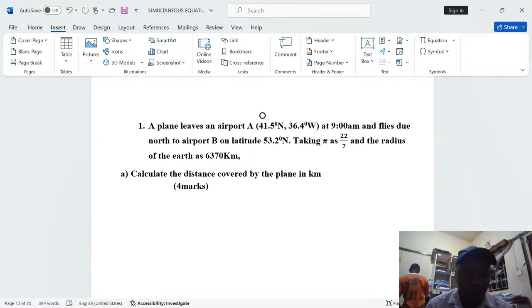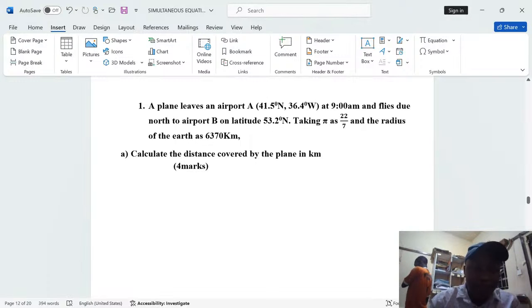We are told now that a plane leaves an airport A at 41 degrees 0.5 in the north, 36 degrees 0.4 in the west at 9 a.m. and flies due north to airport B on latitude 53.2 degrees in the north, taking pi as 22 over 7 and the radius of the earth as 6370 kilometers.